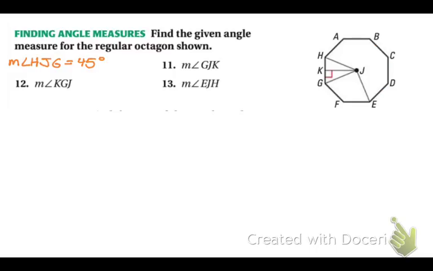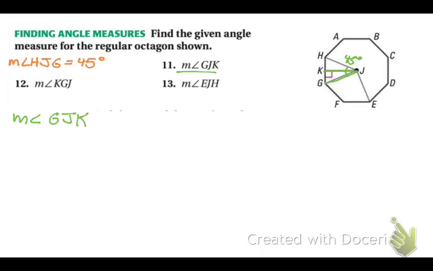Okay. Let's change colors. Okay, let's look at number 11. So the measure of angle GJK. We know the central angle is 45. Now we're looking for GJK, and you should go, oh, of course.